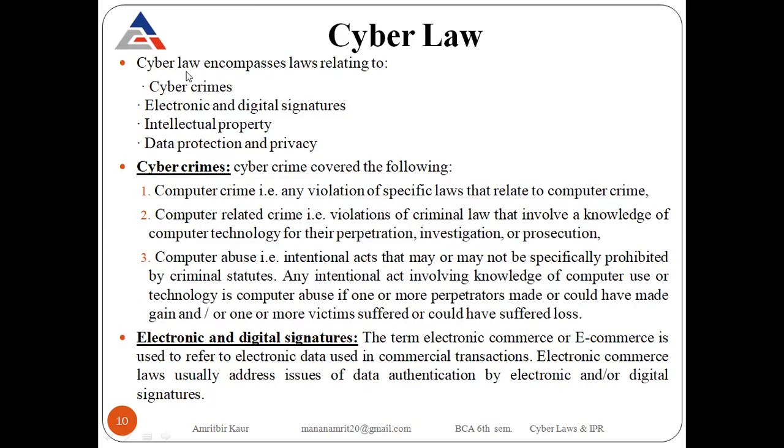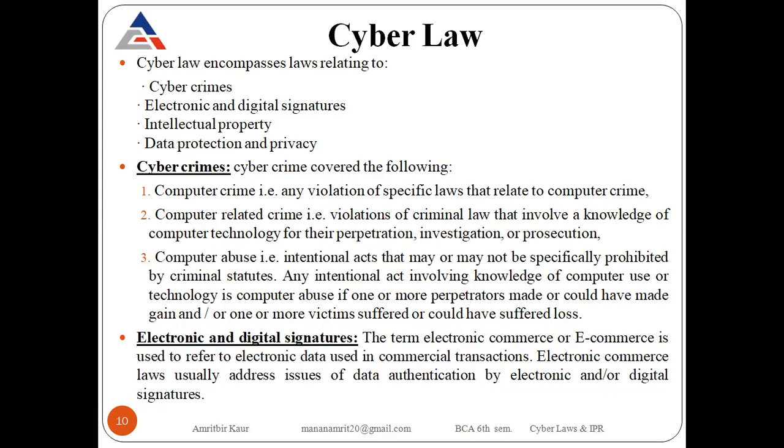Then cyber law encompasses law related to cybercrime, electronic digital signature, intellectual property, data protection, privacy. Let us understand about cyber law with a simple example. For example, in India, there are laws.